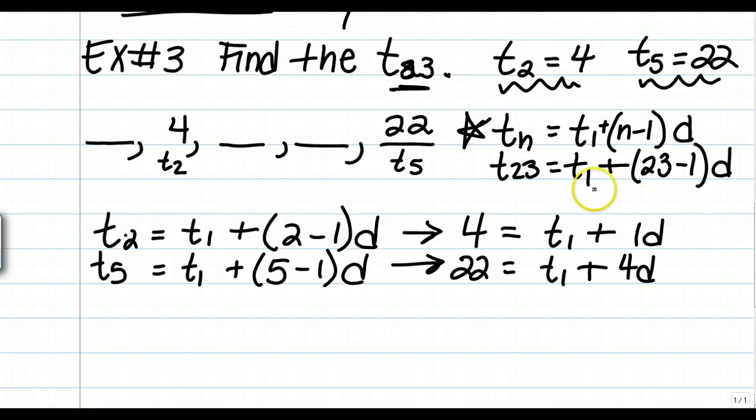And this is set up really nicely for a system of linear equations where you cross something off to solve for the missing piece. So I know that if I could get rid of these T1s somehow, I could now just add my D's together. So if you remember, we can just distribute a -1 to everything on top here.